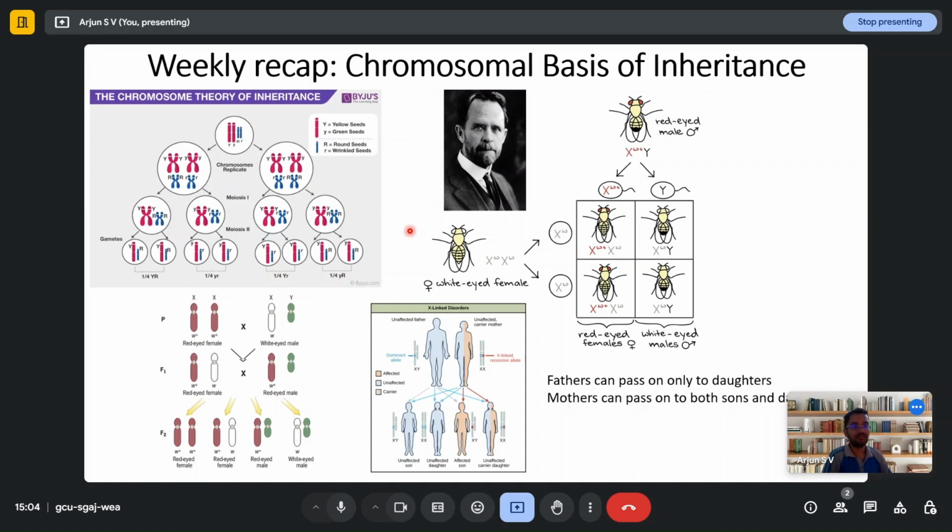So we saw how genes form part of these chromosomes, and we saw how deviations from any kind of chromosomes will be formed as a different kind of allele, and the crossing over between different kinds of alleles can lead to different types of progeny.